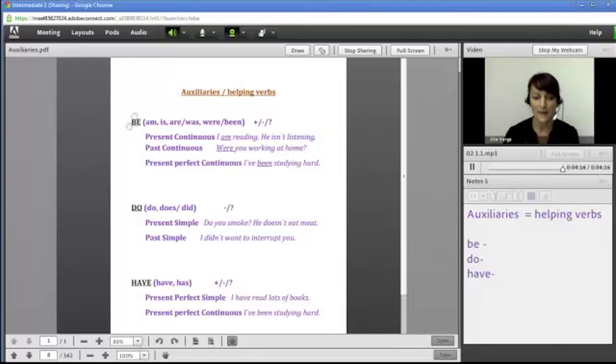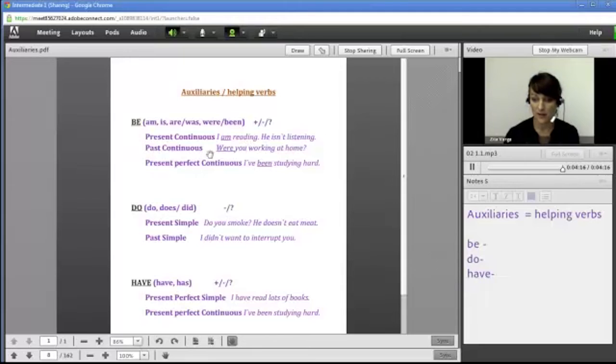So be is used in present continuous. I am reading, he isn't listening, is he listening? They are always used. They are there in the positive, in the negative, and in questions as well. So if you have present continuous tense, the verb to be or its forms are always there before the main verb.